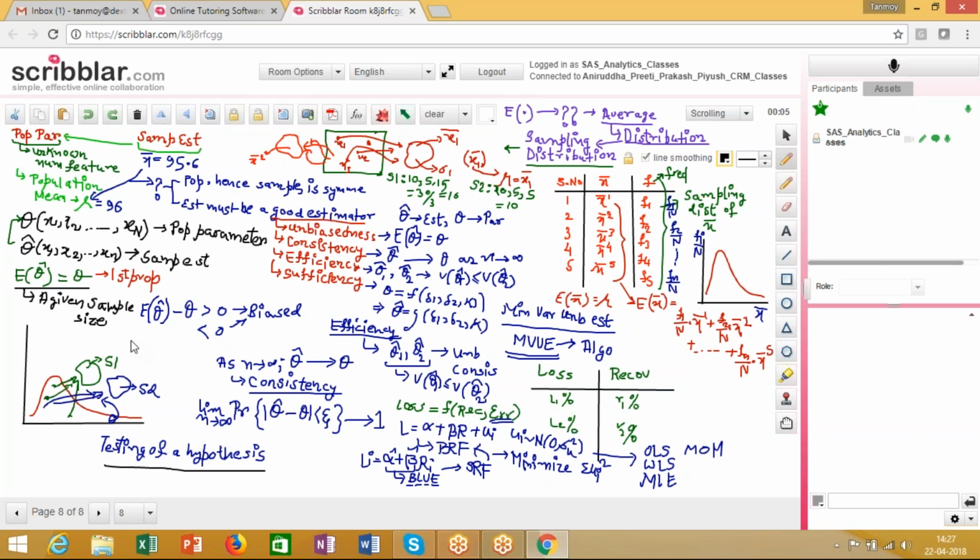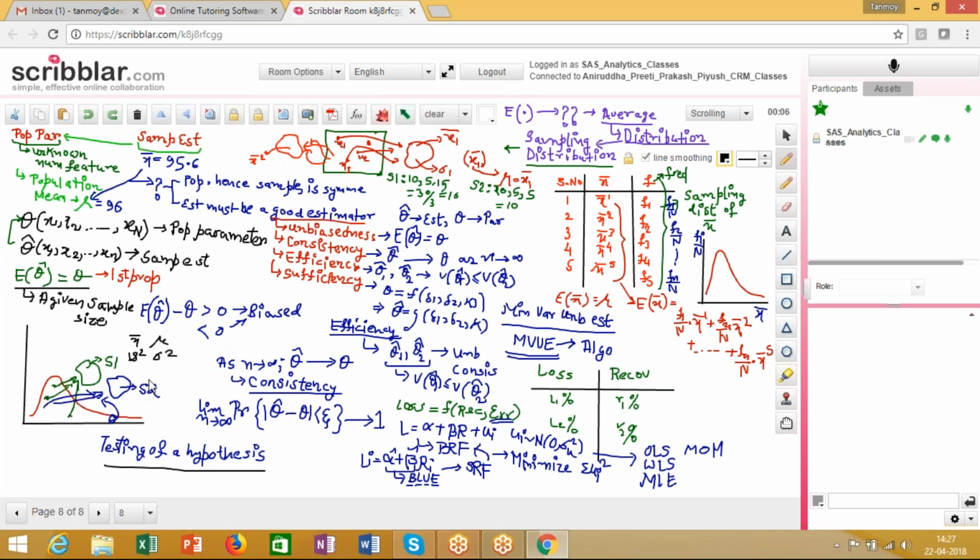One very simple point is on the X bar, the sample mean and population mean, and on sample variance and population variance. This is one big thing that I would like to make, and we would be connecting the concept of testing to this basic problem, right?